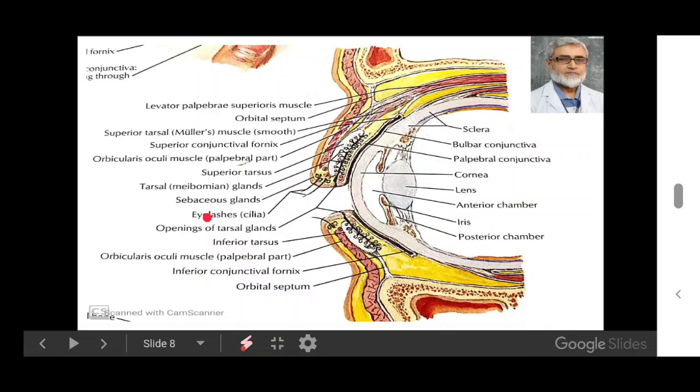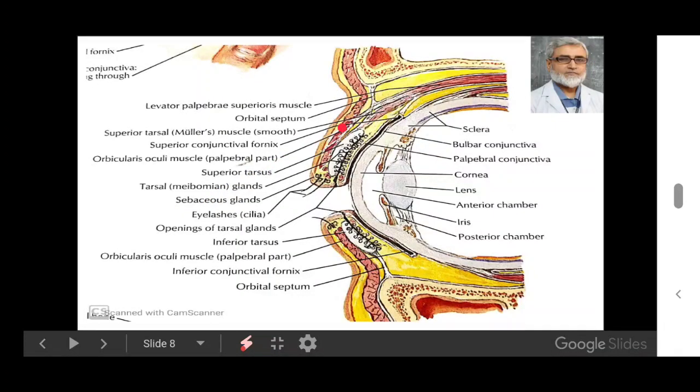You can see here. Sclera is here. And orbicularis oculi muscle, palpebral part, you can see this region.